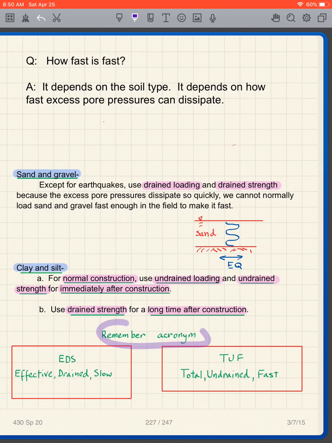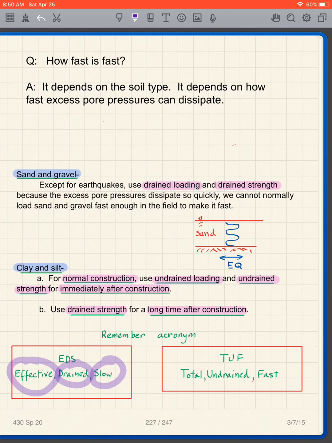So I recommend this acronym that is easy for us to remember: EDS, TOUGH. EDS, what does that stand for? Effective, drained, slow. So that reminds us that when the loading is slow, we have drained loading, and we use the drained strength, and we use effective stresses in our analyses.